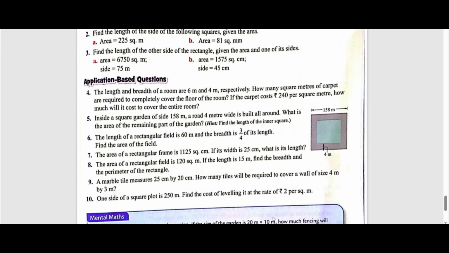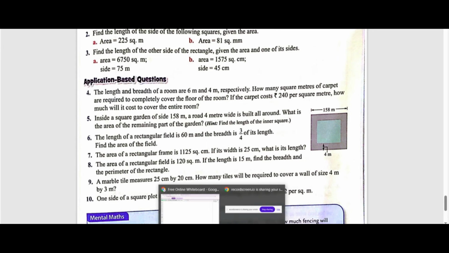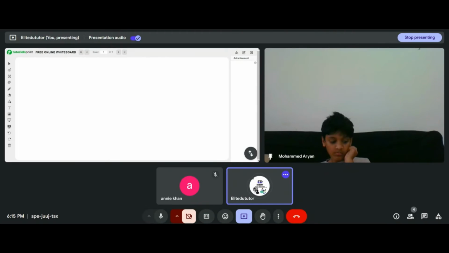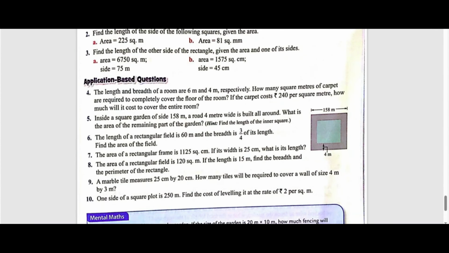If the carpet costs 250 per square meter, you have to buy the carpet according to the area. If you want a carpet for your whole floor, or maybe a rug, then the question asks the cost per square meter.